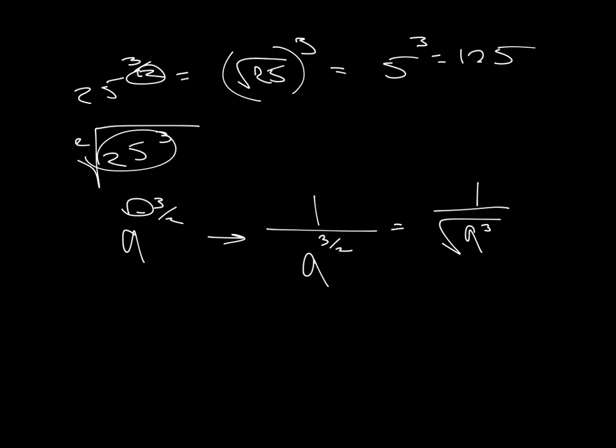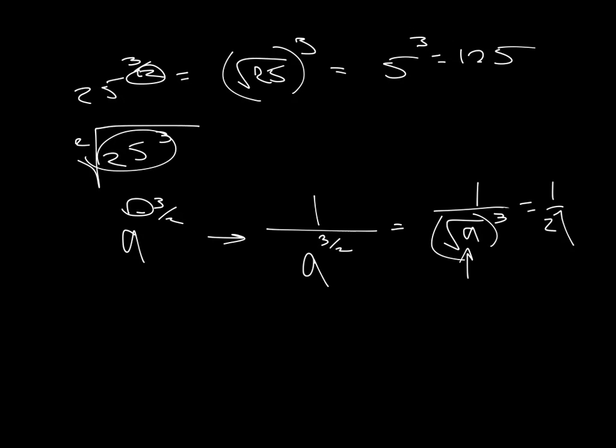Yuck, that doesn't look so nice. Okay, 9 times 9 times 9, and then take the square root. So what I'll do instead is I will write it as the square root of 9 and then cube it and get 1 over 27. See, I can do that in my head.